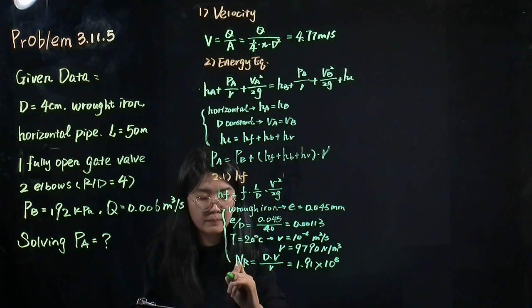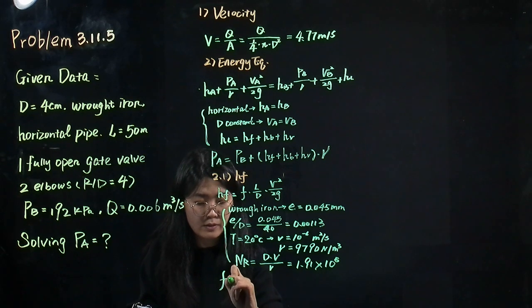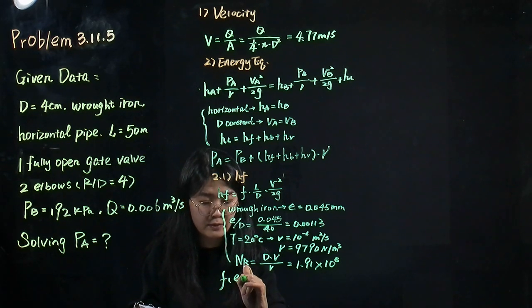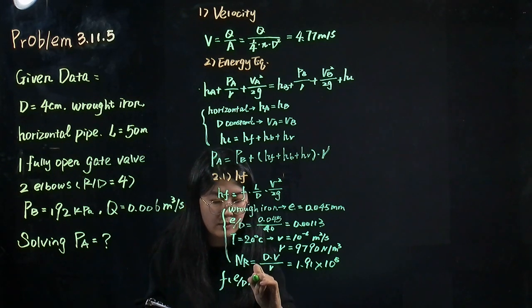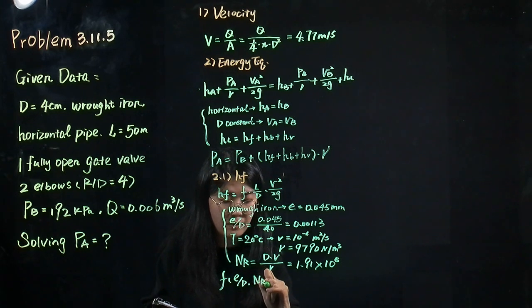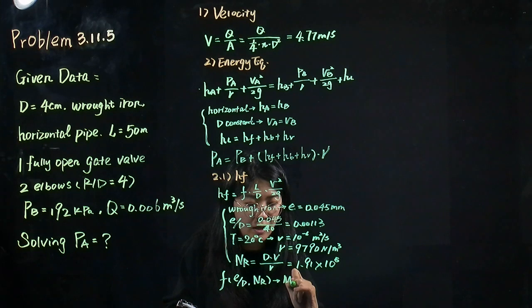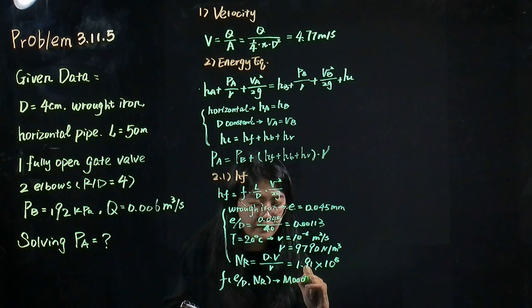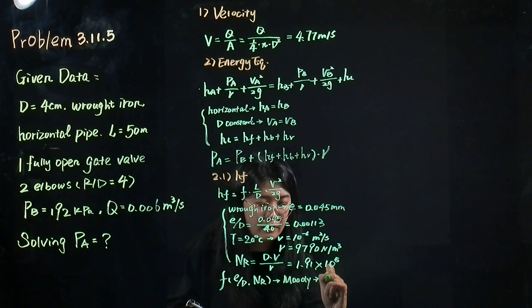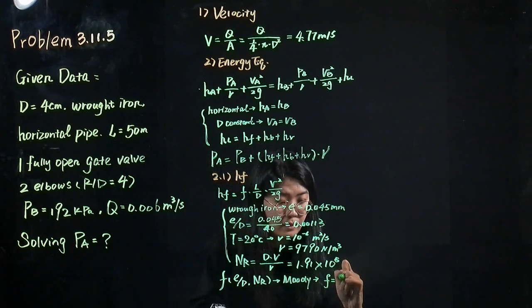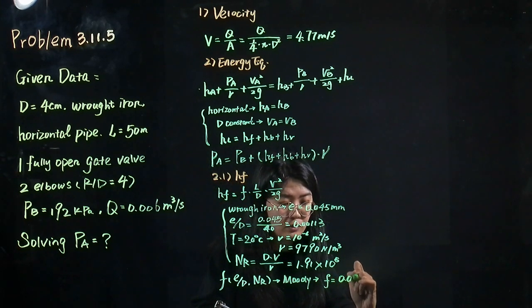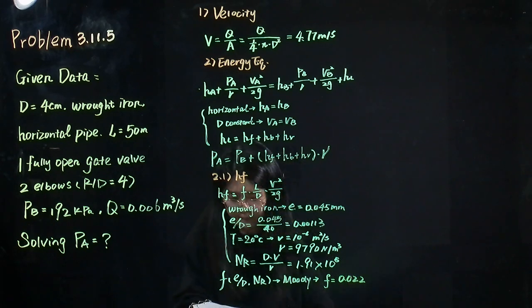So based on the relative roughness and also the Reynolds number, we can find the friction factor on the Moody diagram. Then the friction factor is equal to 0.022.